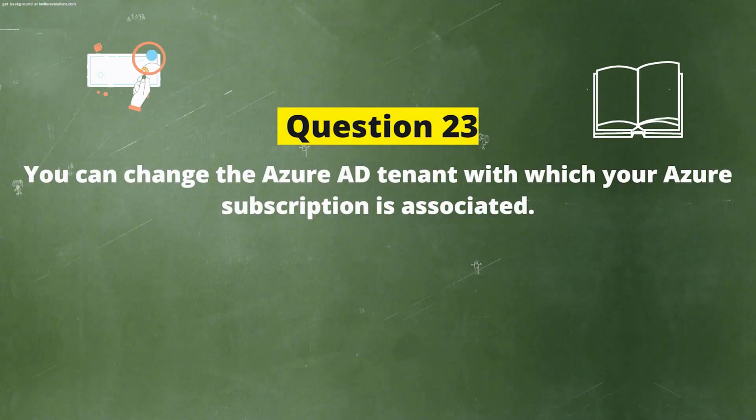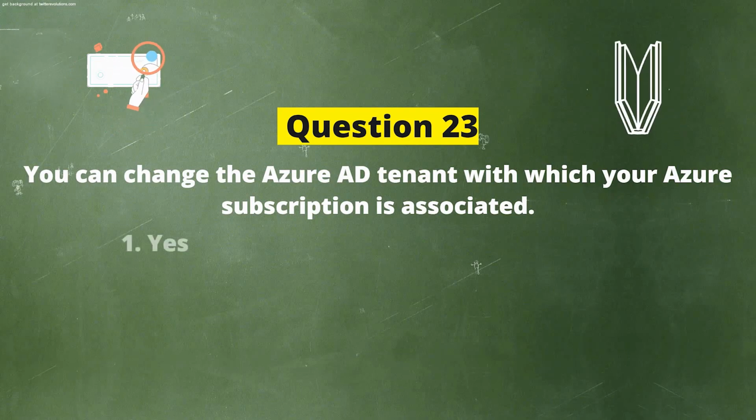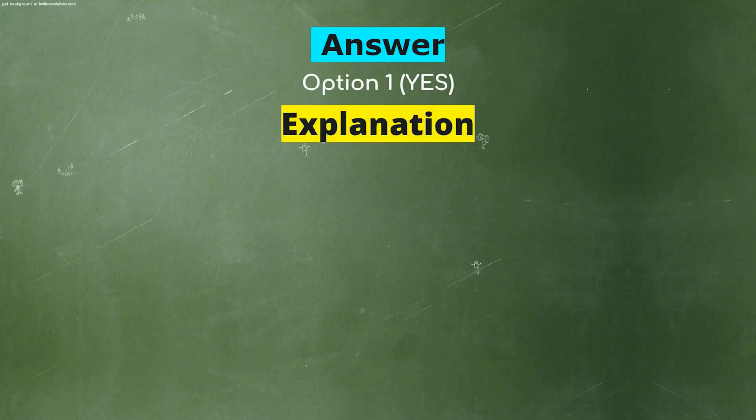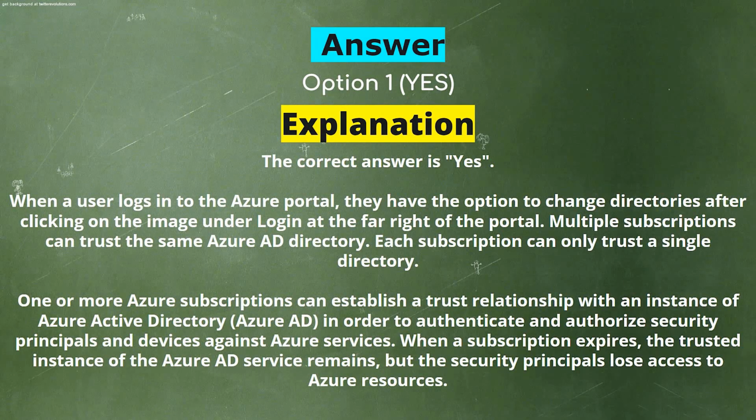Next question. You can change the Azure AD tenant with which your Azure subscription is associated. Is it yes or no? And the correct answer is, it is yes. Explanation. When a user logs into the Azure portal, they have the option to change directories after clicking on the image under Login at the far right of the portal. Multiple subscriptions can trust the same Azure AD directory. Each subscription can only trust a single directory.